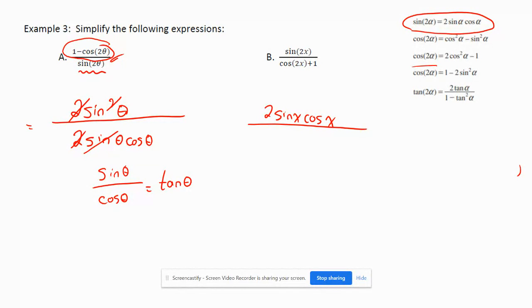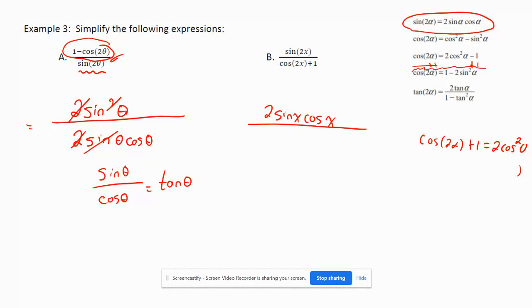Okay. Now, what we have here is a cos 2x plus 1. So looking at our three options for cos 2 alpha over here, I hope you'll see that we want to now use the middle option. I want to get a cos 2x plus 1. So if I add 1 to both sides, I get cos 2 alpha plus 1 equals 2 cosine squared of theta.